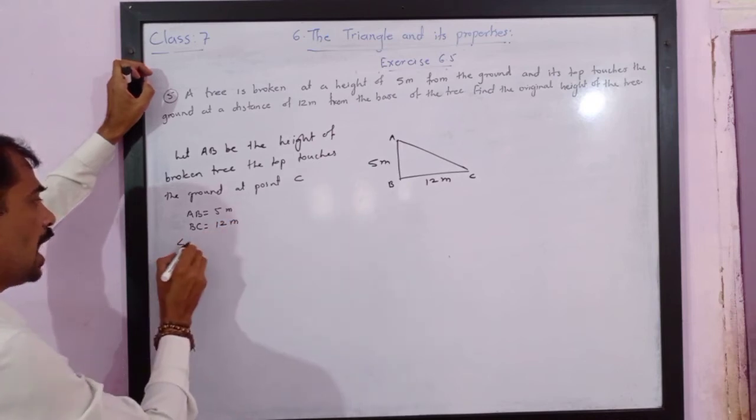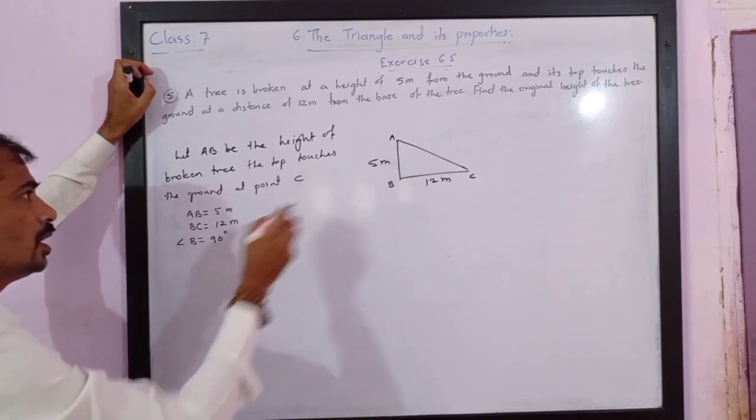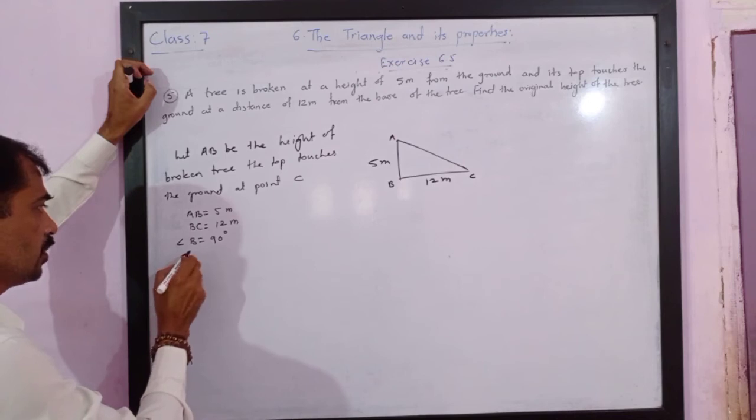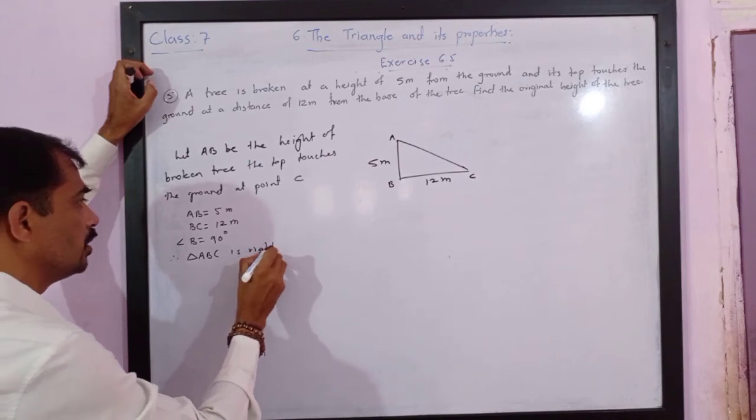Please note this angle B is equal to 90 degrees. So ABC forms a right angle triangle. Therefore, triangle ABC is a right angled triangle.